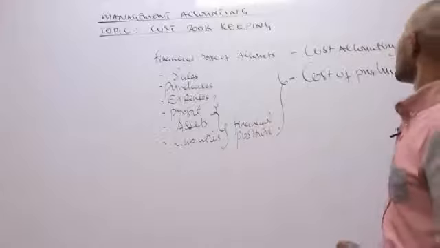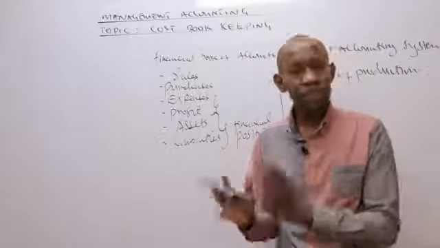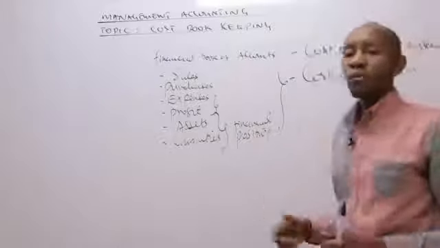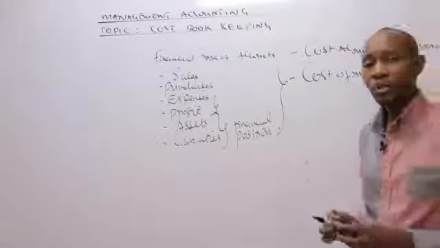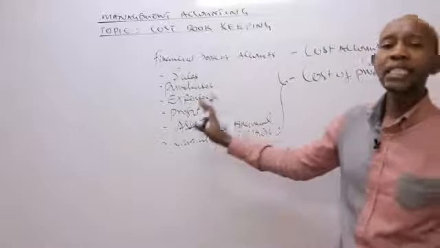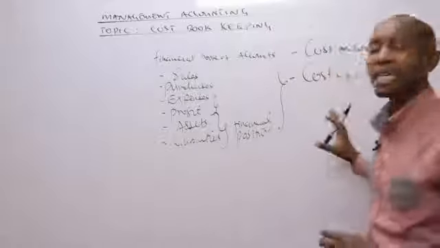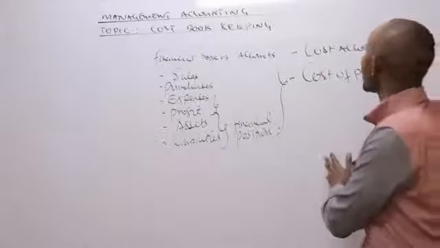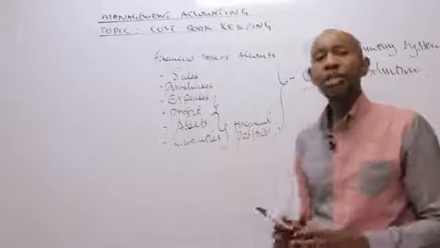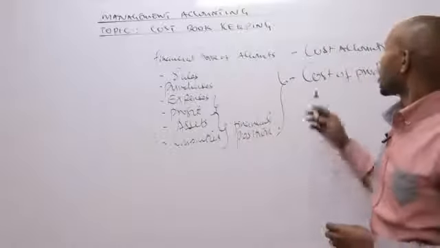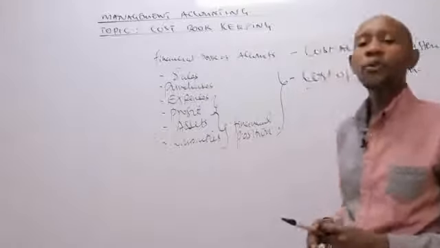I'm assuming maybe this is a manufacturing company manufacturing a certain product, and they need to know the cost of production for this particular product. So in addition to the financial accounting system, they might find it necessary to maintain a cost accounting system, which will capture the cost of production for the particular product they are dealing with.